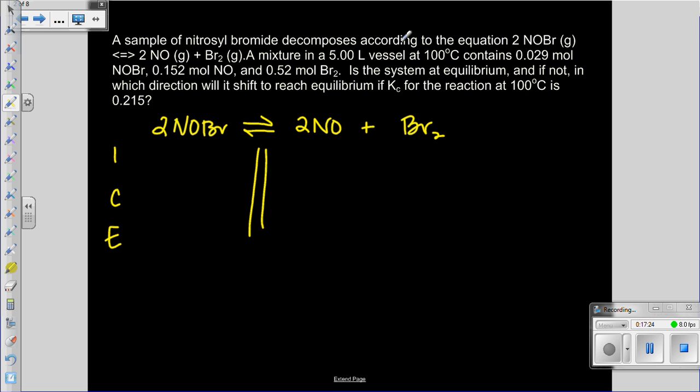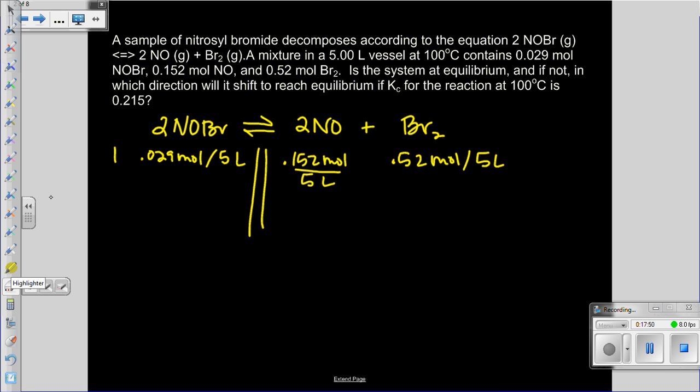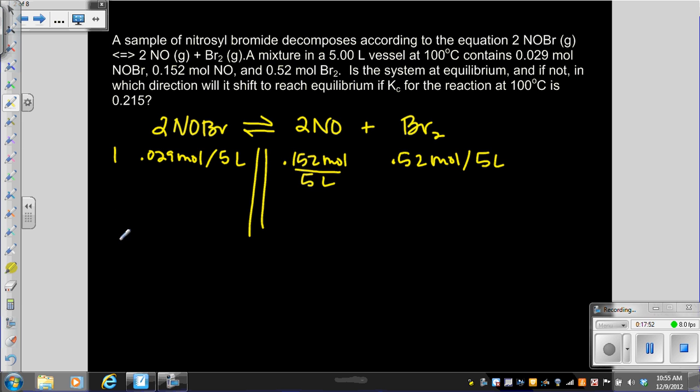I'm going to substitute initial values. So 0.029 moles. I'm going to divide that by 5 liters. I've got 0.152 moles. I want to divide that by 5 liters. And then for bromine, I have 0.52 moles, and I want to divide that by 5 liters as well. I'm going to give myself a little bit more room here.